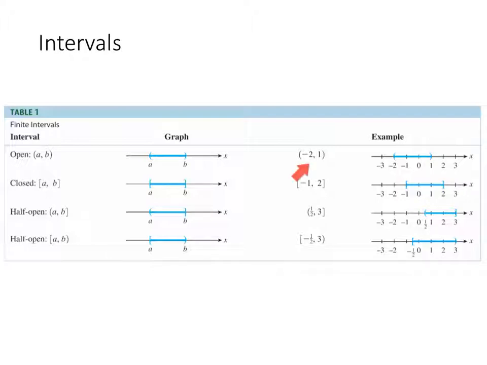An example, right here, next to it, -2 to 1 with a parenthesis at -2 and a parenthesis at 1. I know some people use the open dot, closed dot idea, and the parentheses, also known as round brackets, correspond to the open circle. So an open dot, so we would not include it.